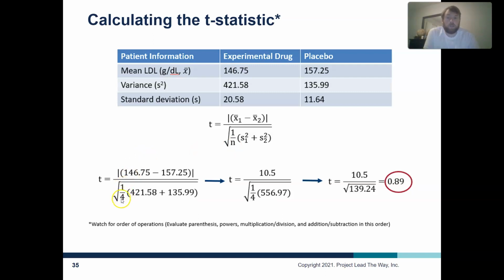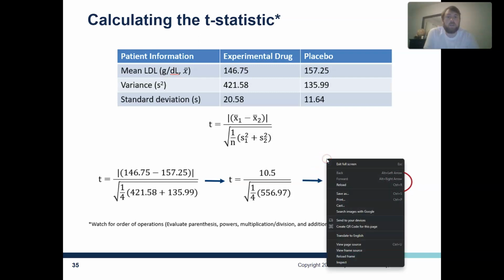So 1 divided by 4 times 556.97. Divide that by 4, we get our 139.24. Make sure we square root it because we want to get the standard deviation instead. That would be 10.5 divided by the square root of 139.24. That's going to be 0.89. This number doesn't mean a lot to you right now, but it will in just a second, I promise.